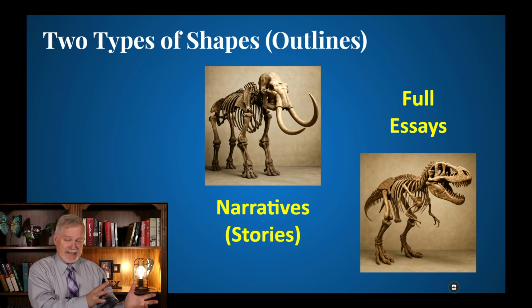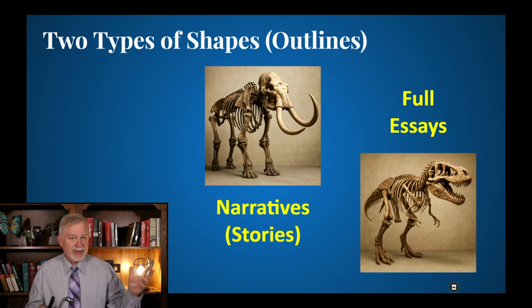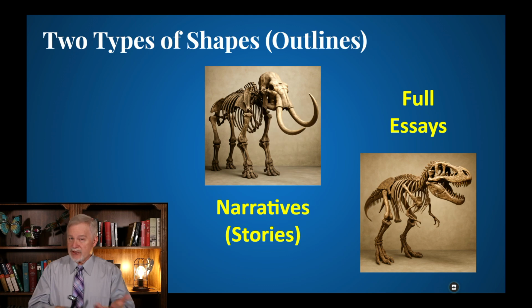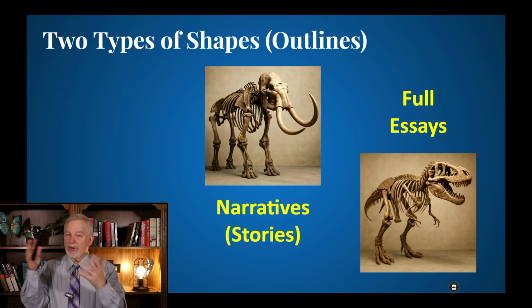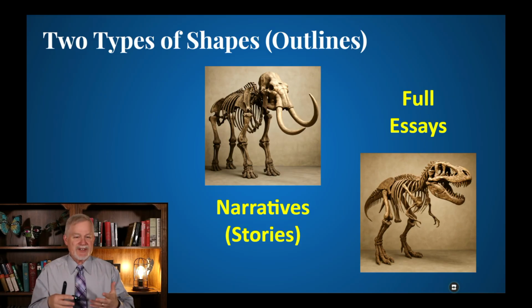There are 2 different kinds of shapes or outlines that we're going to be dealing with that pertain to your test. As I said earlier, there are 3 or 4 different kinds of writing that you're going to do. It might be a narrative, which is a story. You're telling a story. But you might have full essays as well. Those can be informative, where you're teaching me in your writing. It might be persuasive, where you're trying to persuade me that what you think and believe is right.